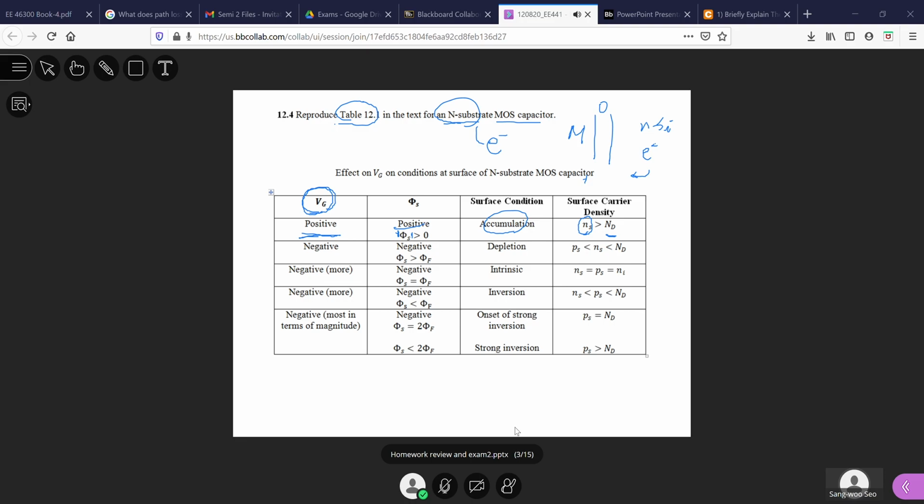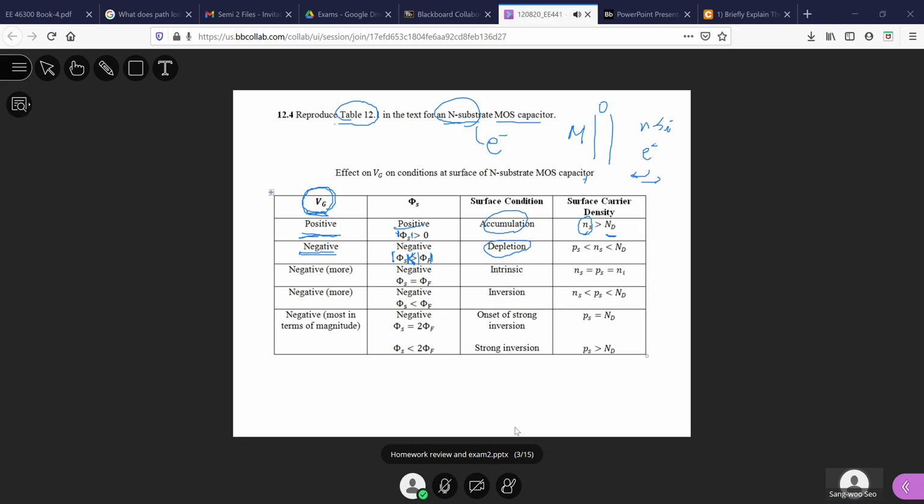Now, if you change this metal VG potential to negative, so when you apply the negative, now electron is pushed away, right? So in the semiconductor side, you're going to start to create a depletion. Okay. And then if you look at the magnitude, the surface potential is still less than the potential difference between the Fermi energy level and the intrinsic energy level in this case.